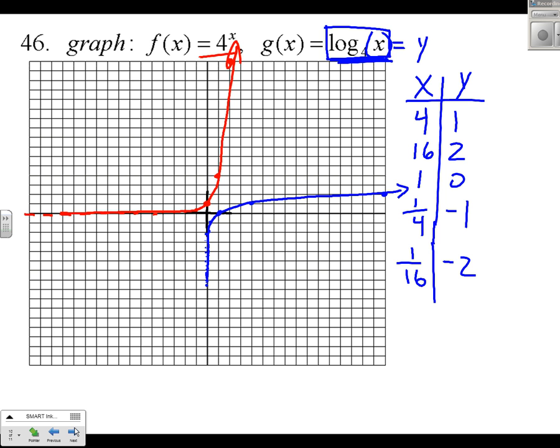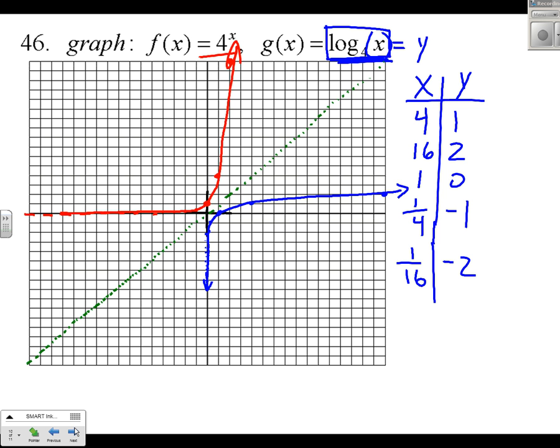Can you tell what point they're trying to get across on this problem right here? Here is a big hint. There's our line y equals x.